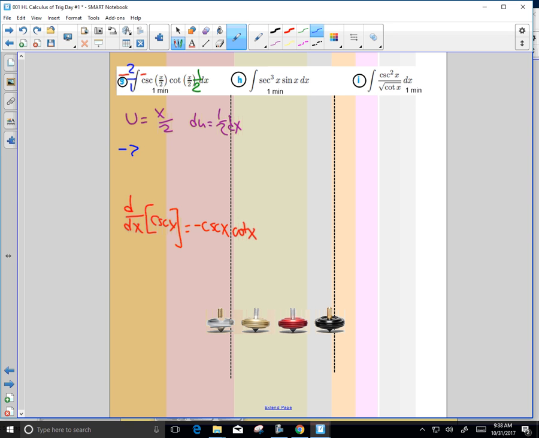So this is -2 integral of negative cosecant u cotangent u du. And what's the antiderivative of negative cosecant u cotangent u du? Negative 2 cosecant of u plus c. This is the answer.